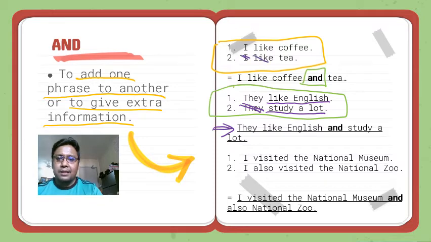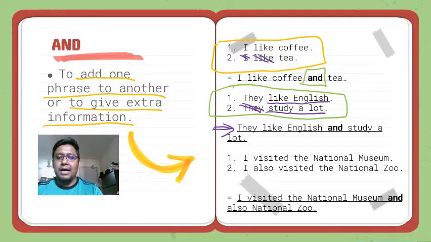I and like in the second sentence are omitted. If we say, for example, number one, I like coffee and I like tea, it is actually repeated. So instead of using the repeated words, we cut it and make it into a simple sentence.